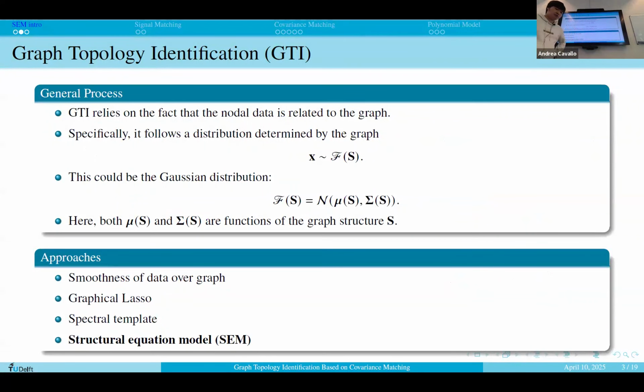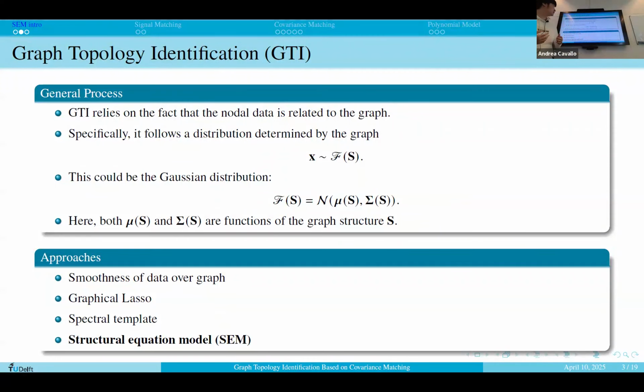So this is the general process of how we think about graph topology identification. We have a graph S, and there is some distribution based on S, that is Fs. From Fs, we get a lot of samples, and this is our observation data.